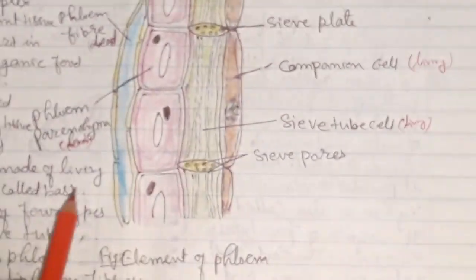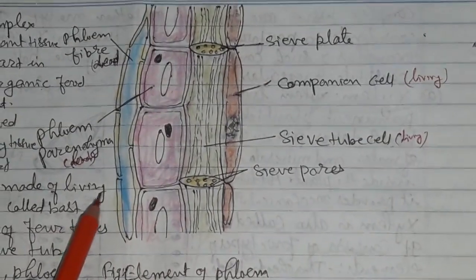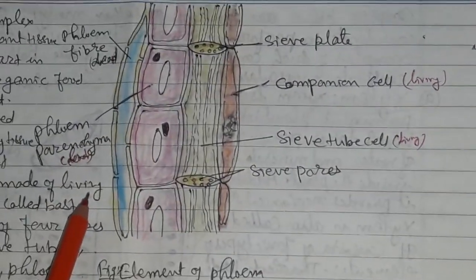Therefore, first is the sieve tubes, second is the companion cell, third is the phloem parenchyma and fourth is the phloem fibers. Now we will discuss one by one with the help of the diagram. Yes, the first is the sieve tubes.